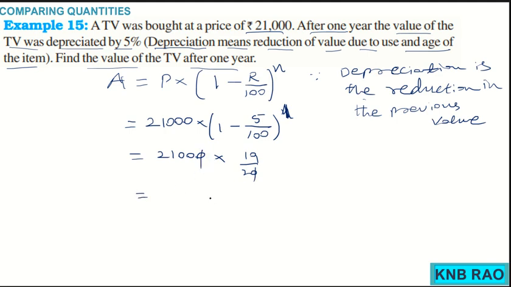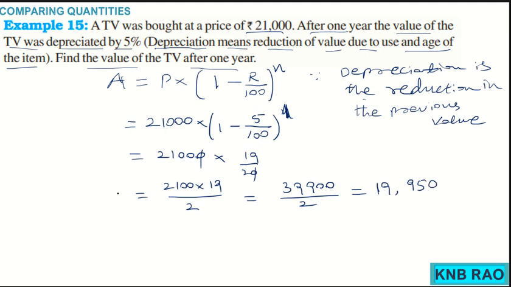So the product of 2,100 by 19 by 2, it is 39,900 by 2, which is 19,950.